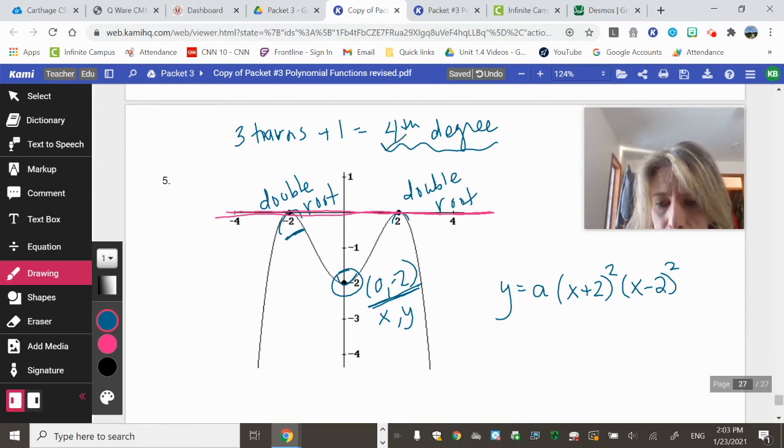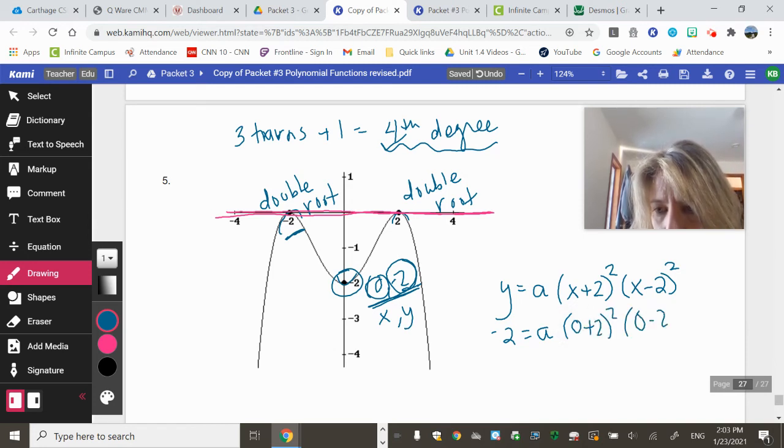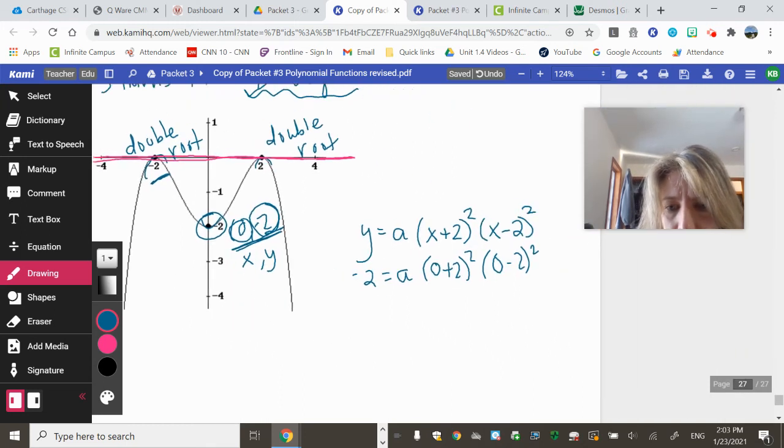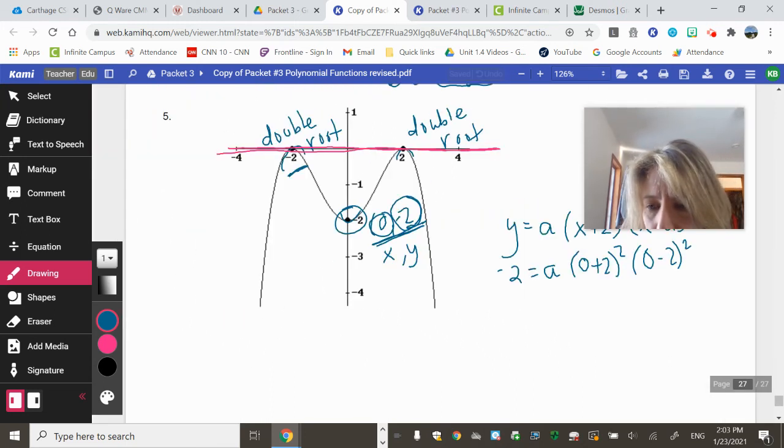Okay, so now we're ready to solve for a, and we plug in our -2 for y, and we plug in a 0 for our x's. So 0 plus 2 squared, 0 minus 2 squared, and we follow order of operations. So 0 plus 2 is just 2. Okay, so I'm just going to write this out again.